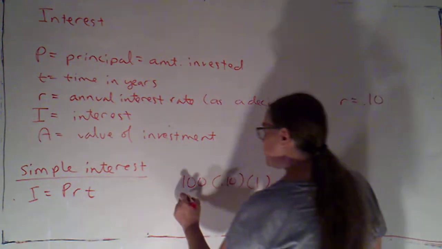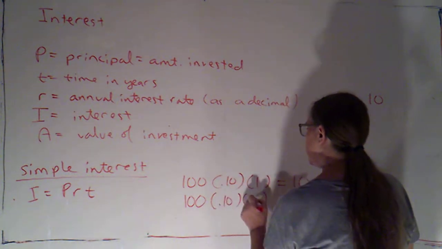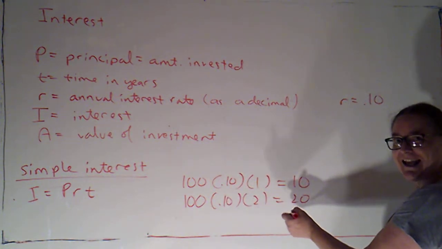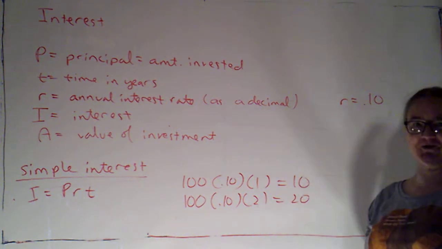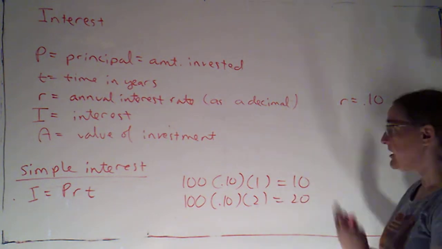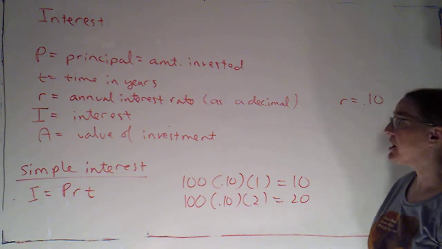When time was 2, we would have had 100 times 0.10 times 2, 20. Okay. Now, we didn't earn $20 that second year. That 20 would be the total interest we had earned over those 2 years.